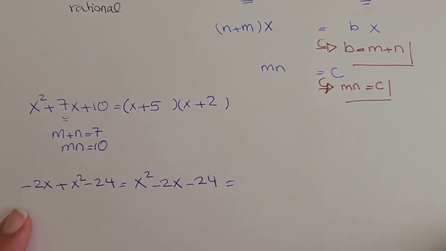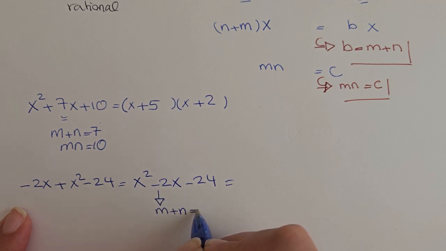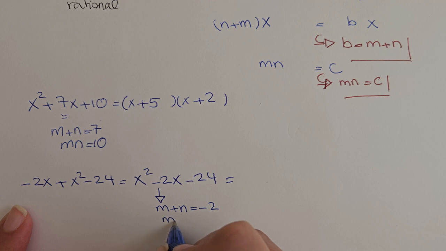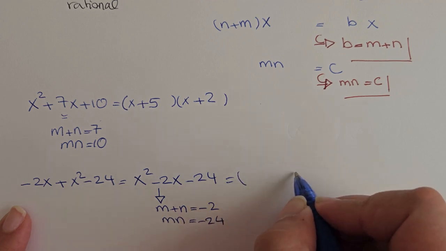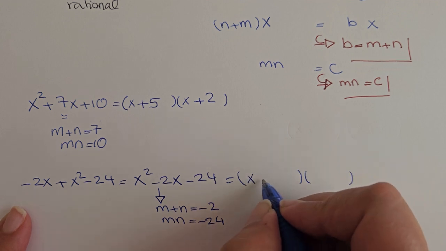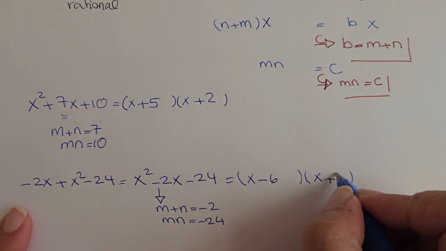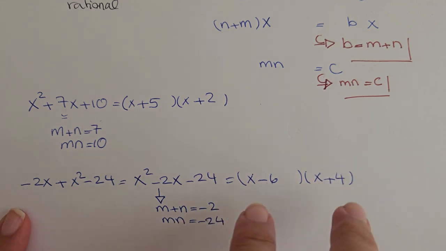And as you can see here, I'm looking for two unknown parameters which add together to give -2. The same two, if I multiply them, I should get -24. So I would say I can come up with -6 and 4.